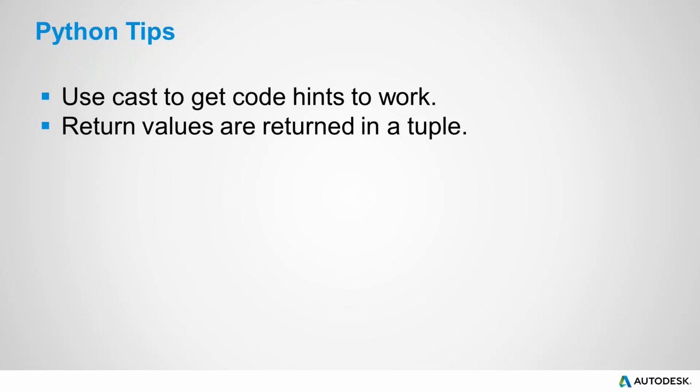So this is just a case where you need to be careful of what you're getting back, and you can see this in the help when you look at the syntax where it shows you how to call it in Python, and it will show you that it's getting a tuple back and then how to get those specific values out of that tuple.